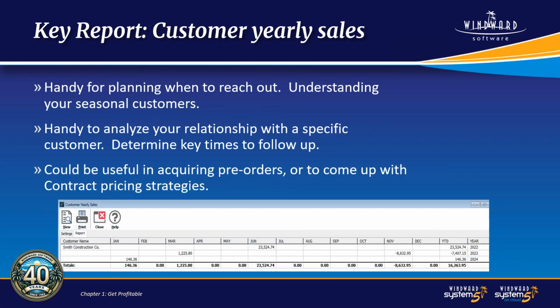Now we'll look at a little bit of how to dive into when your customer is purchasing. So you might want to know, well, do I have customers who are seasonal, or do they spend more at certain times of year? And the customer yearly sales report is helpful with that.